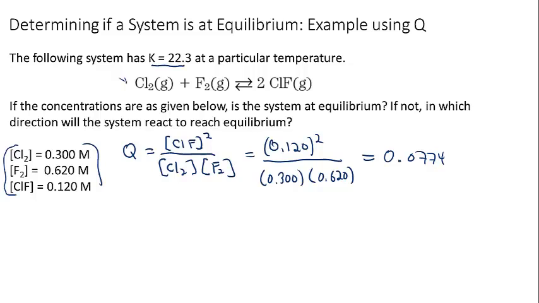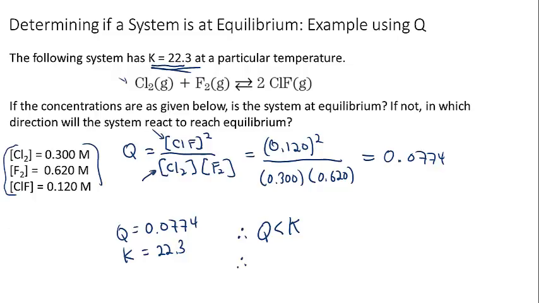And now what we do is we compare that. So Q equals 0.0774. K is equal to 22.3. And that was just a known property of this system. And so therefore Q is less than K. And therefore we have not enough products. Q is too small, so this part is too small, that part is too big.